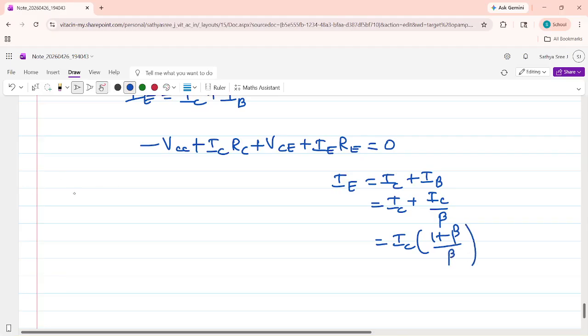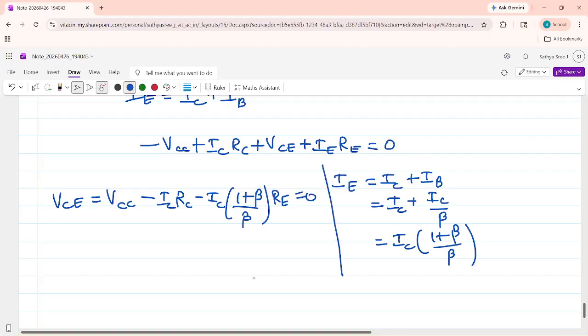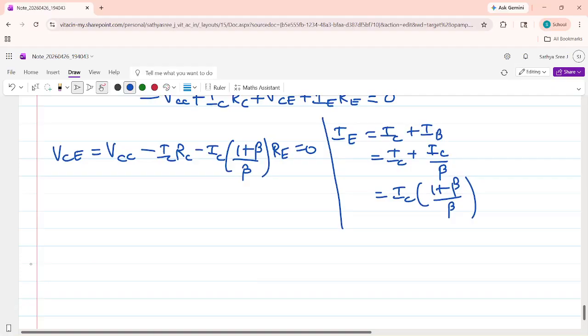So here I can substitute VCE equal to VCC minus IC RC minus IC multiplied by 1 plus beta divided by beta RE equal to 0. So that is VCC minus IC multiplied by RC plus 1 plus beta divided by beta RE.